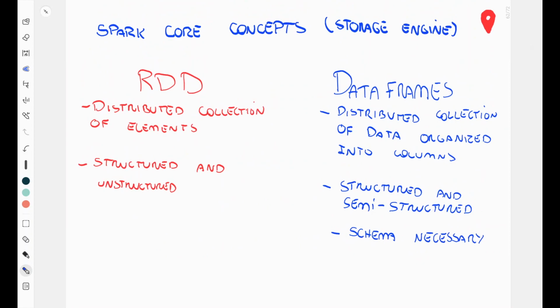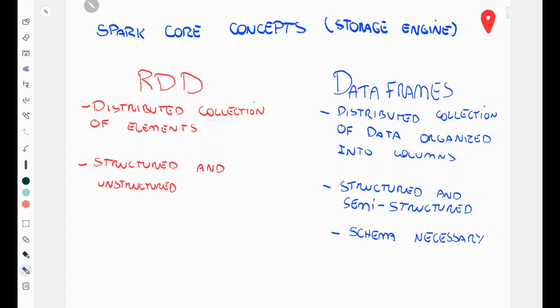So the differences between RDD and data frames. You have RDD, that is a distributed collection of elements, and you have structured and unstructured data. And data frames are a distributed collection of data organized into columns.